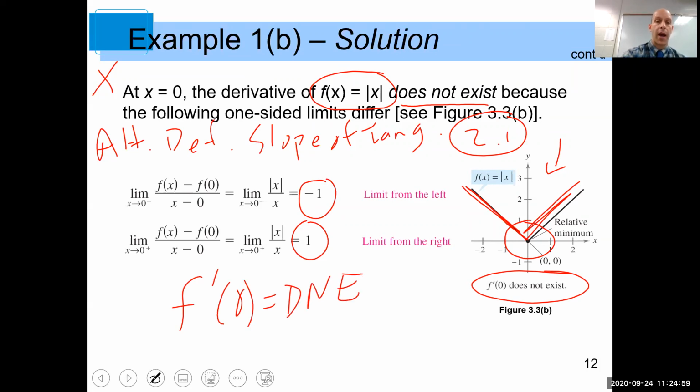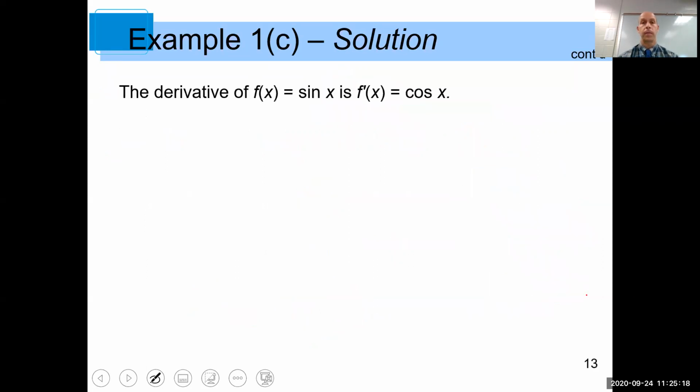Because remember, a derivative is a limit, and if the limit on the left doesn't match the limit on the right, then the derivative doesn't exist there. So what I'm trying to illustrate here is this function has a relative minimum at (0, 0), and that f prime of 0 did not exist.